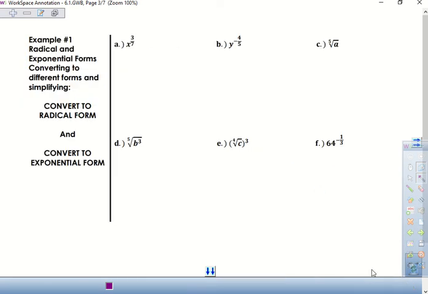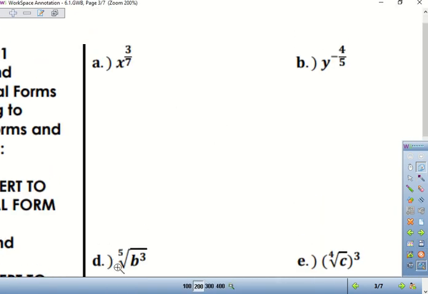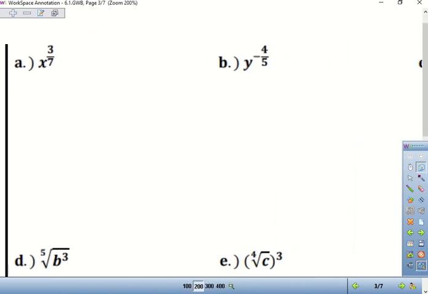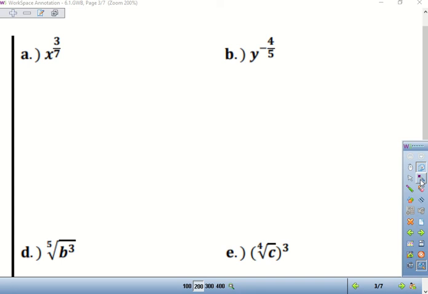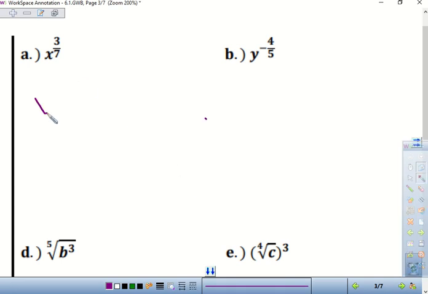All right. So we're going to convert exponential fractions or fractional exponents into radicals and then vice versa. Let me show you how we do that. Step one is you're going to draw yourself a little radical symbol, like this. And then whatever the variable or the number is goes on the inside.